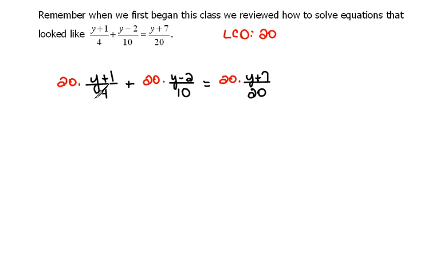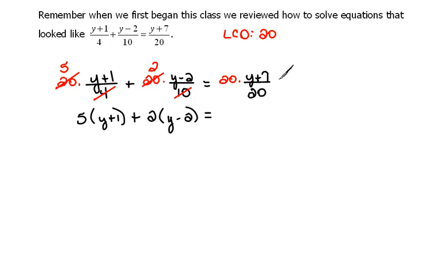Now by doing that, 4 will cancel into 20 5 times, leaving us with 5 times (y + 1), plus. Now for our second term, 10 goes into 20 2 times, so we're left with 2 times (y - 2), equals.